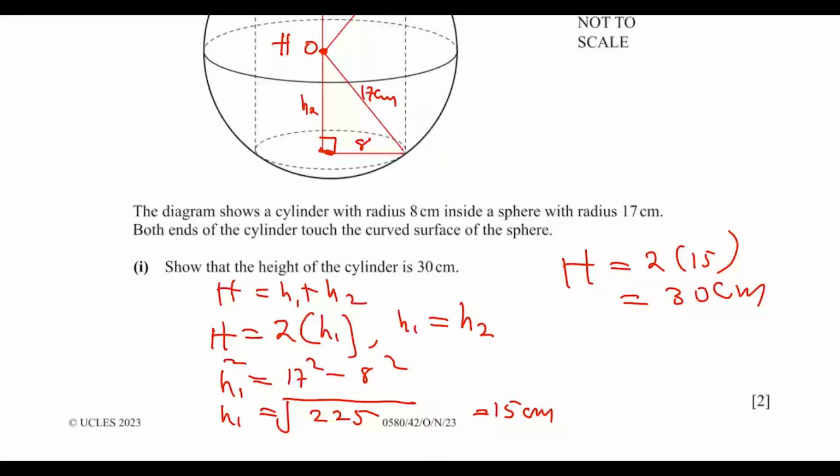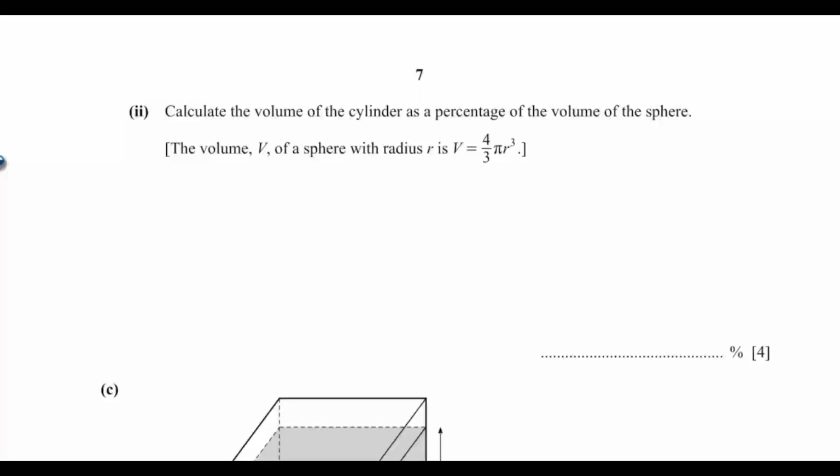So let's go to the next question, Roman figure 2. Calculate the volume of the cylinder as a percentage of the sphere. The first thing you need to do is to calculate the volume of the cylinder.